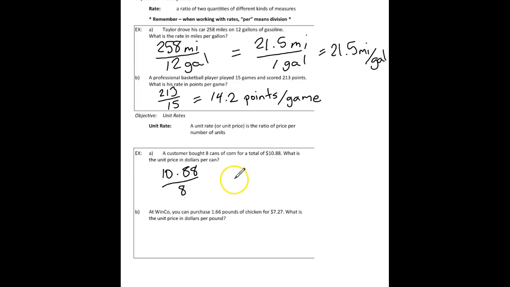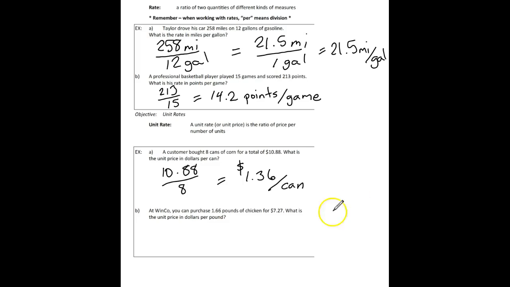And if you type that into your calculator, I hope you're following along here, you will get $1.36. We're going to label that as dollars per can. Okay, so we have dollars per can. And that's per 1 can, but we don't need to write the 1.